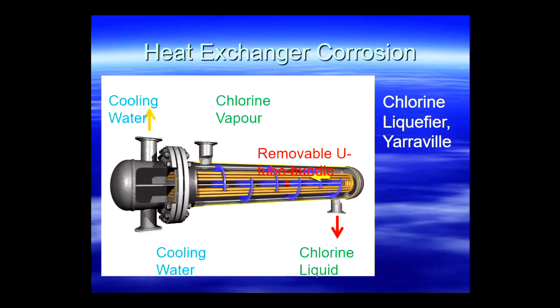Now this was the arrangement, and you can see that the cooling water was on the tube side, and the chlorine gas was condensing and cooling on the shell side. So the chlorine vapour comes in the top, it condenses on the cold tubes and drops out the bottom. Now that's a pretty graphic.